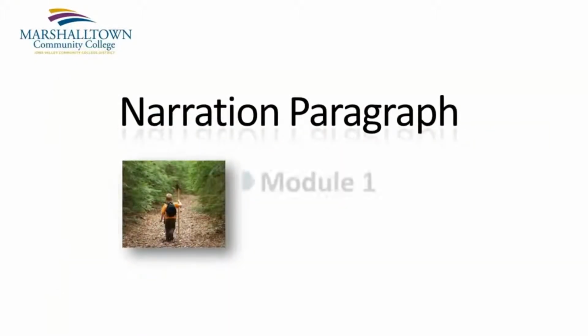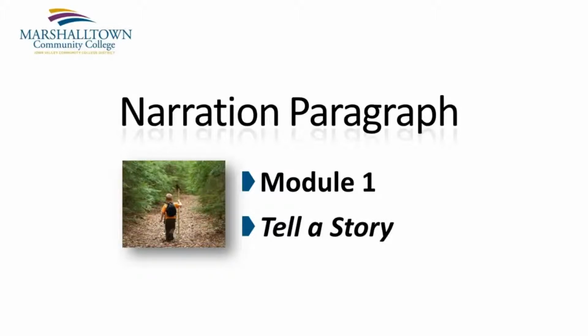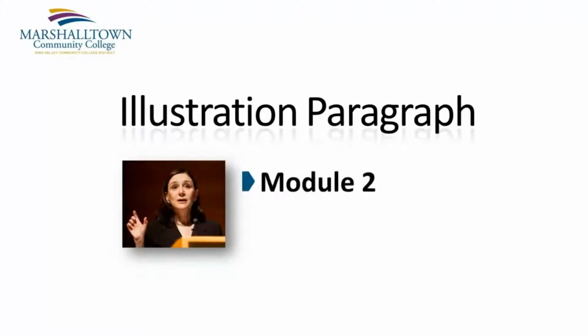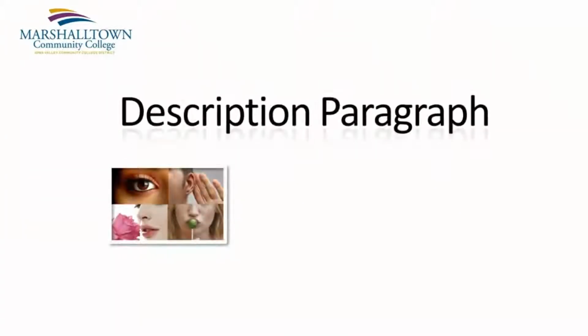The narration paragraph is from Module 1, where you learn that this type of paragraph is designed to tell a story. The illustration paragraph is from Module 2, where we talked about using this type of paragraph to present a main point or argument and then use examples to show, explain, or prove the point. The description paragraph is from Module 3.